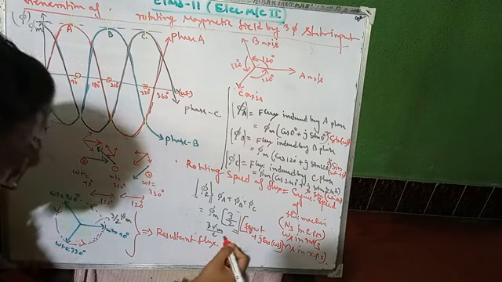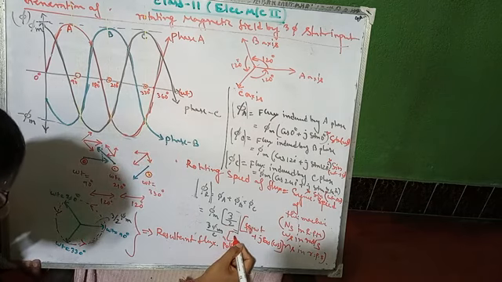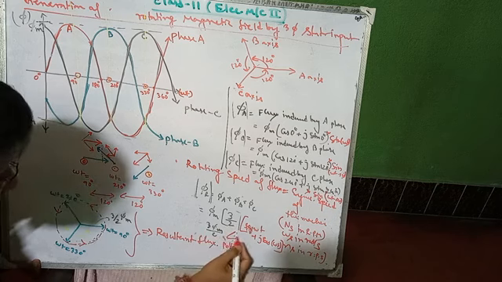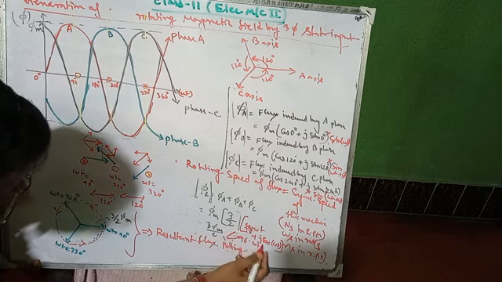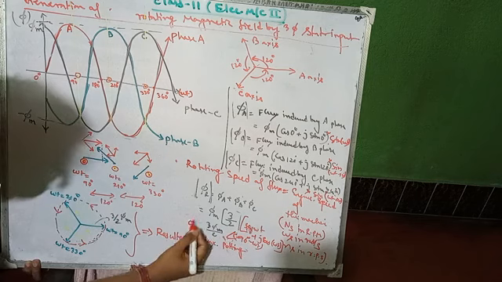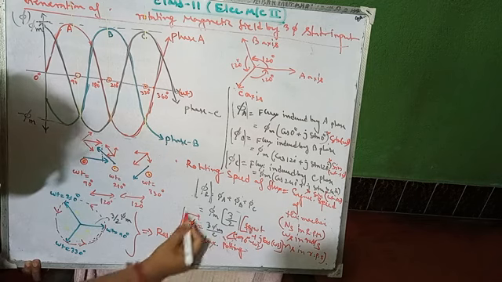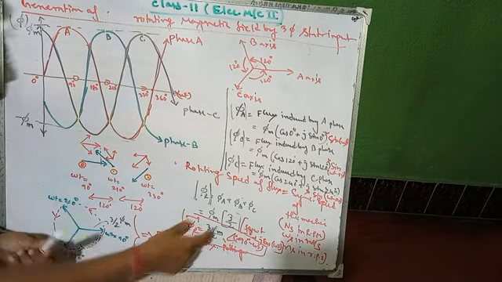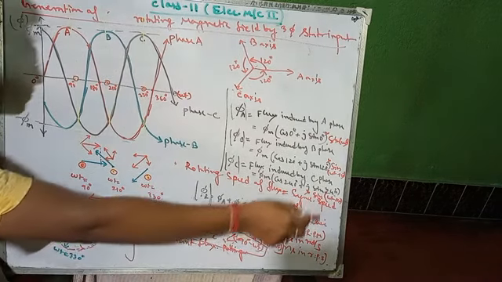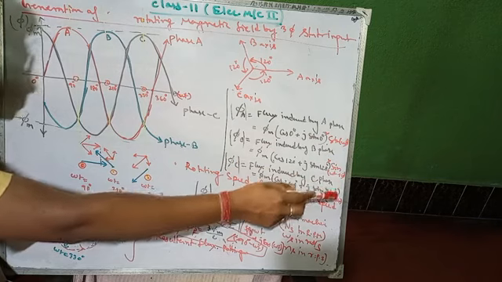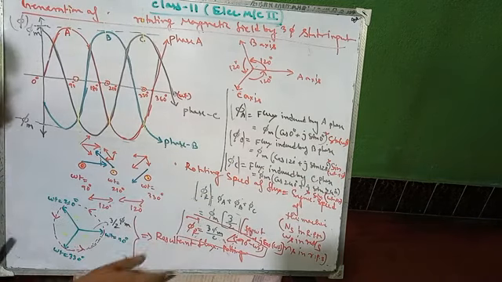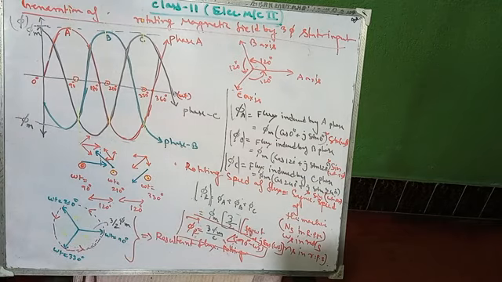Okay. So the angle will be 90 degree minus omega t. Okay. So this is your resultant flux in phasor quantity. So actually the phasor quantity you have no need to find. You have to find only the magnitude. So you can neglect this sine omega t, sine omega t minus 120, sine omega t minus 240, and then you can calculate the result, that is 3 by 2 into phi m. Okay. So you can verify it.